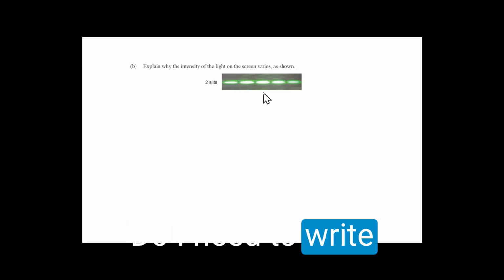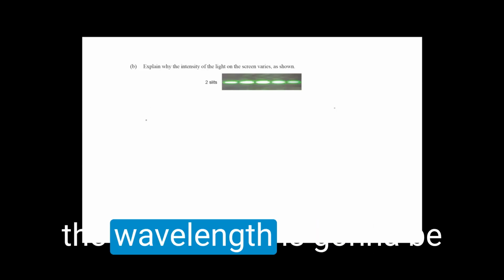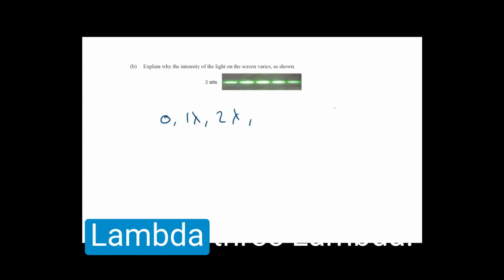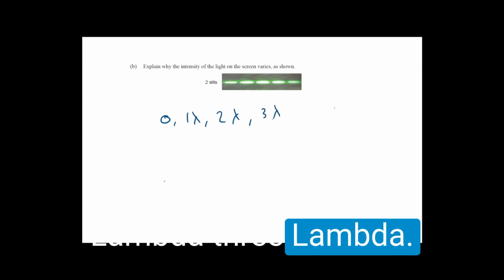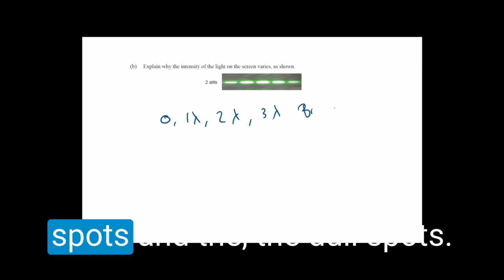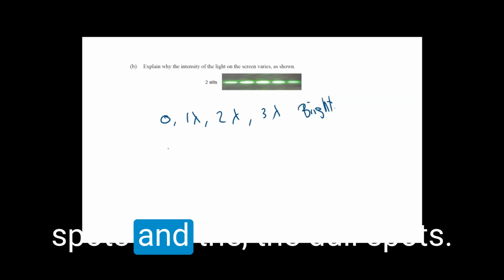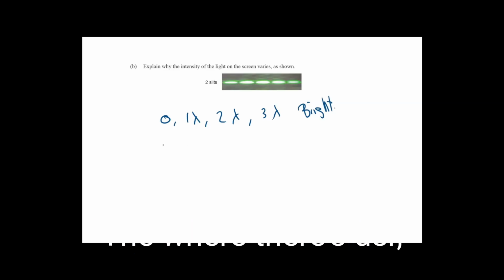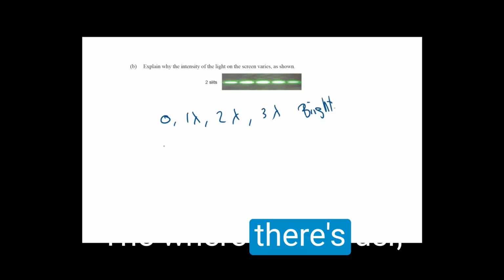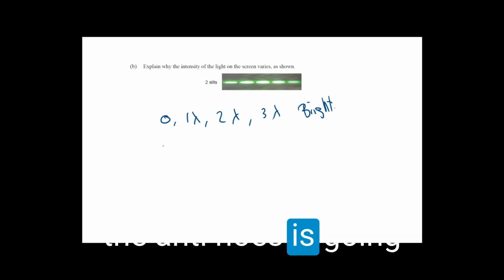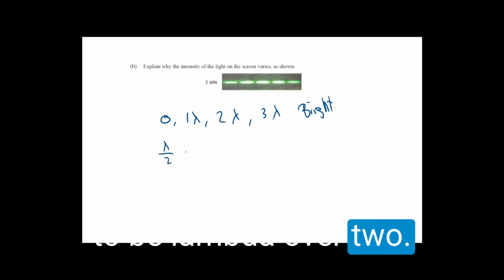Okay, do I need to write anything? Yeah, I think that's all they really want. I mean, you could say that the path difference is going to be at 0, 1 lambda, 2 lambda, 3 lambda. So that's going to be the bright spots. And the dull spots, where there's destructive interference, the antinodes, is going to be lambda over 2.